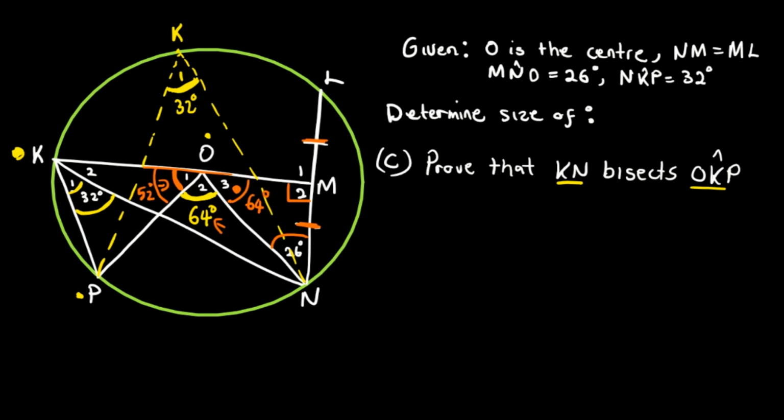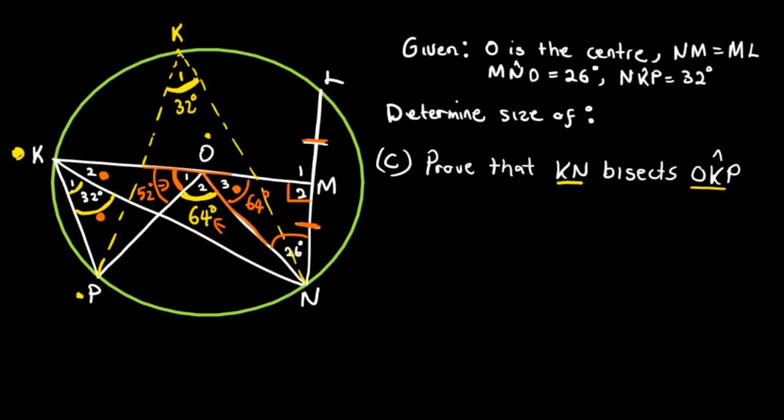The most important thing we need to do is identify this angle here, and this angle here must be equal to this angle here. Then it will tell us that the line KN bisects angle PKO. So the first thing you're going to do is look at this triangle here.